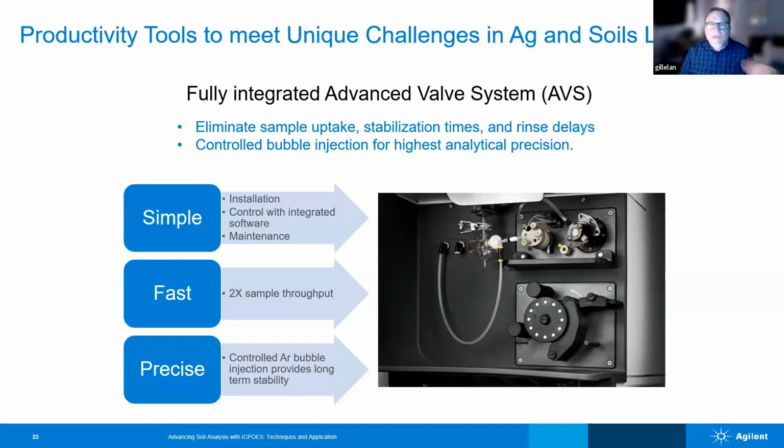And it's fully integrated into the system. The software is part of ICP Expert, so it is seamless, and we work on it. So it isn't a third-party situation where there's finger pointing when things don't go well. So I really like it. Productivity just through the roof on it. So that is where that lives.